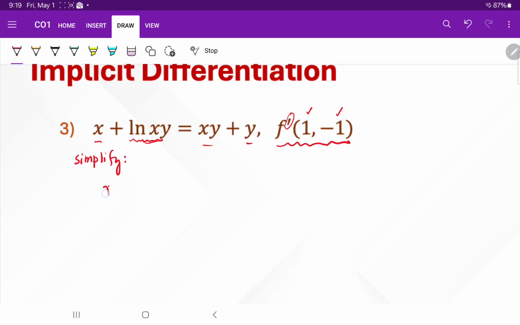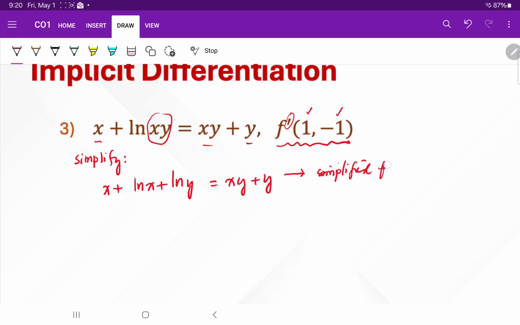So, we have x plus ln of a product, which can be written as the sum. So, ln of x plus ln of y is equal to xy plus y. So, this is now the simplified function. We did not differentiate yet.